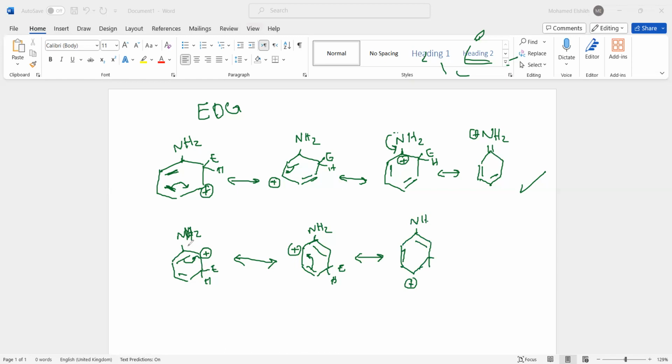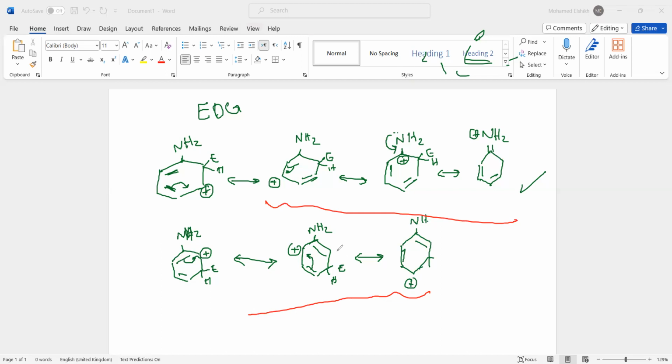Whereas in case of the meta substitution, we didn't get any resonance structure where there is a direct stabilization of the carbocation with the electrons. And therefore, the summation of these structures will give more stability than these ones.